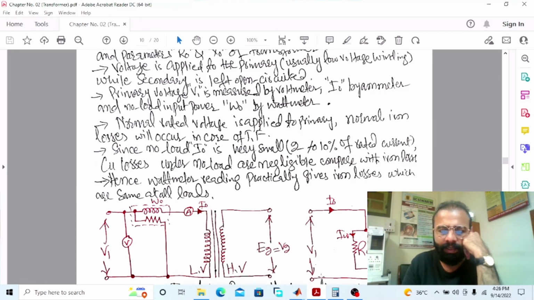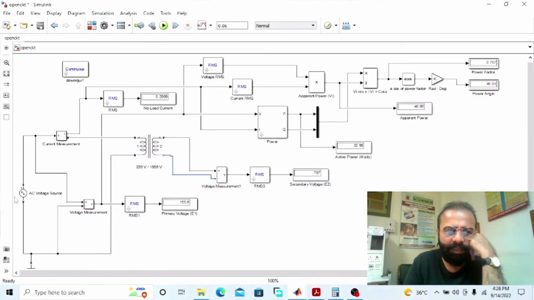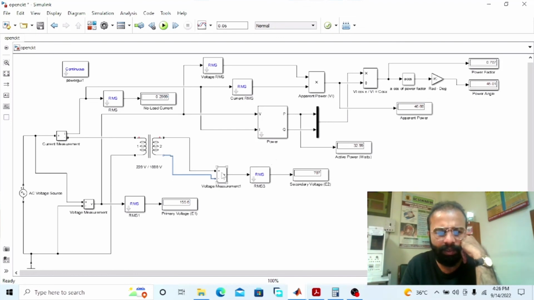The LV winding of the transformer is energized from the AC supply, and the wattmeter will practically give us the iron losses, which are the same at all loads. The HV winding, which is the secondary winding over here, is kept open circuited. We only need to measure the output voltage by connecting the voltmeter in parallel, which gives the secondary voltage, the HV voltage of the transformer. So this was the simulation of the open circuit test of the transformer.